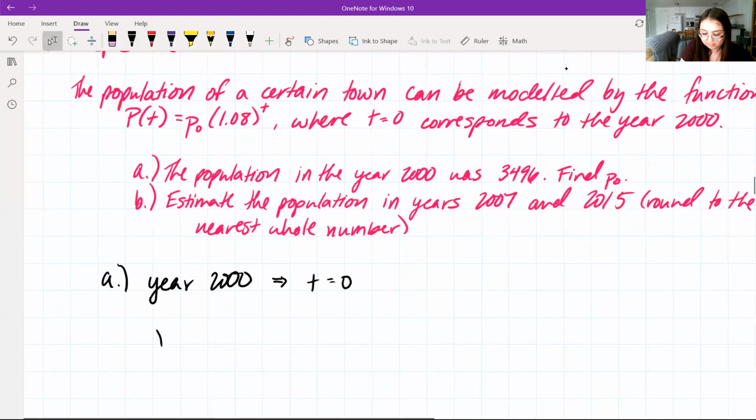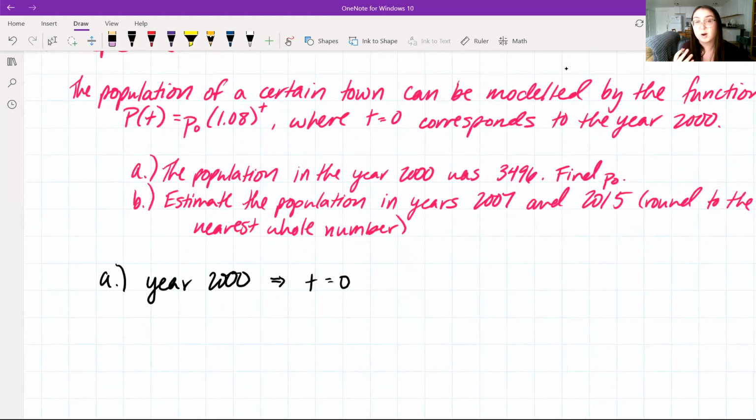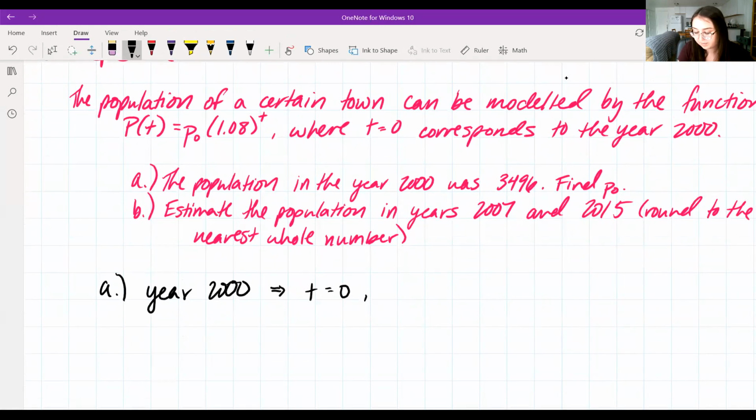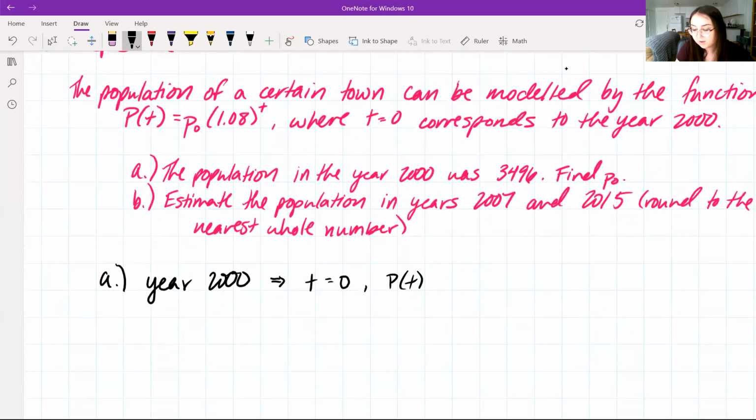And we know that we want to find our P naught, so we're going to solve for P of t. We know that our population in the year 2000 was 3,496. So we'll say P of t was 3,496. Now we can set up our equation.